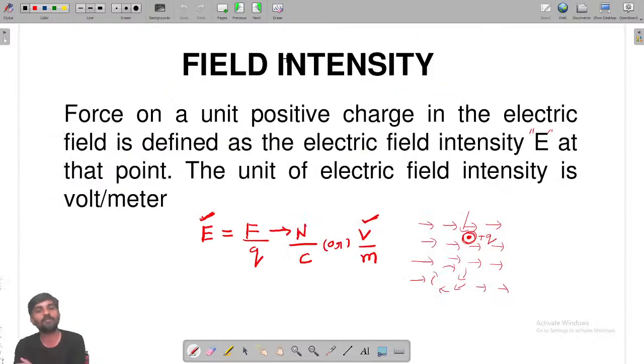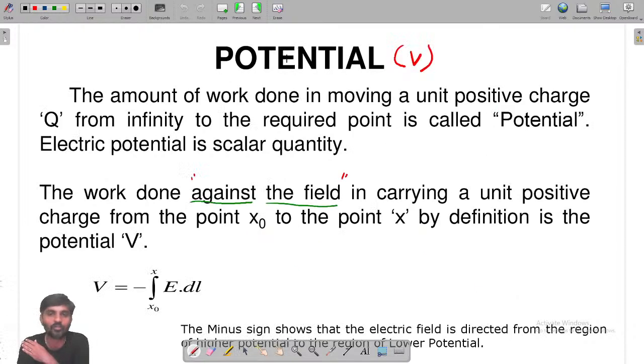So we started with something called field intensity. What is field intensity? It is the force on a unit positive charge, and the units are volts per meter.